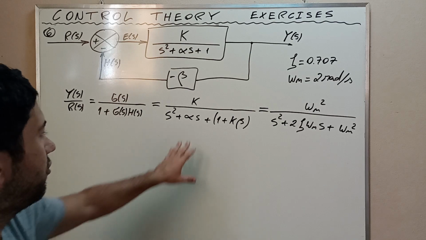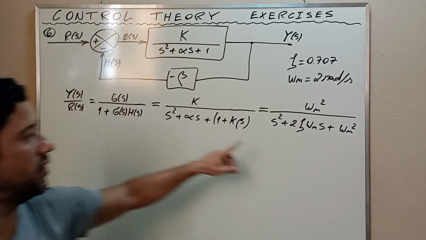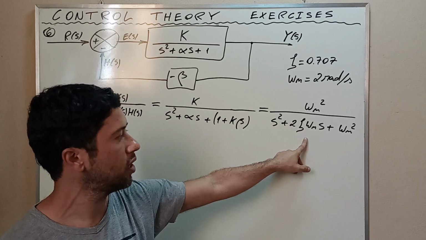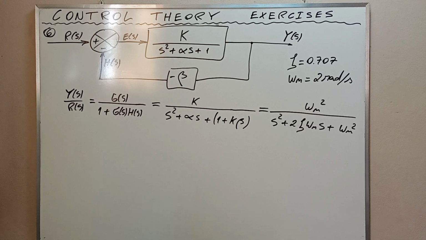This is our system, the system of exercise 6, and this is the standard way of writing the closed loop transfer function for second order systems. As the exercise stated, Wn is equal to 2 radians per second and zeta is equal to 0.707.